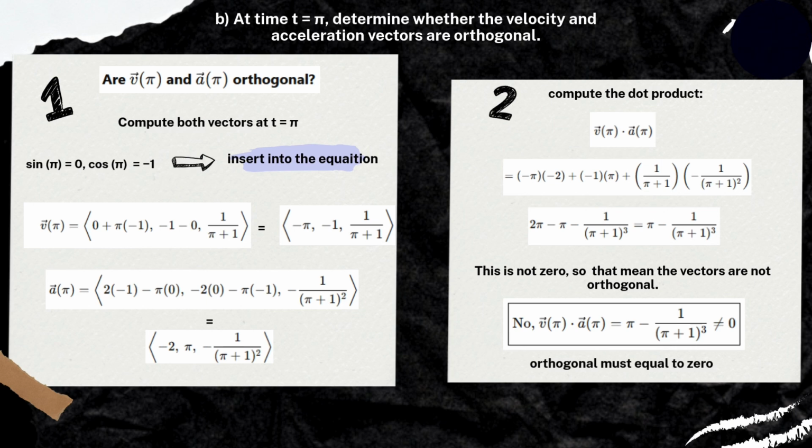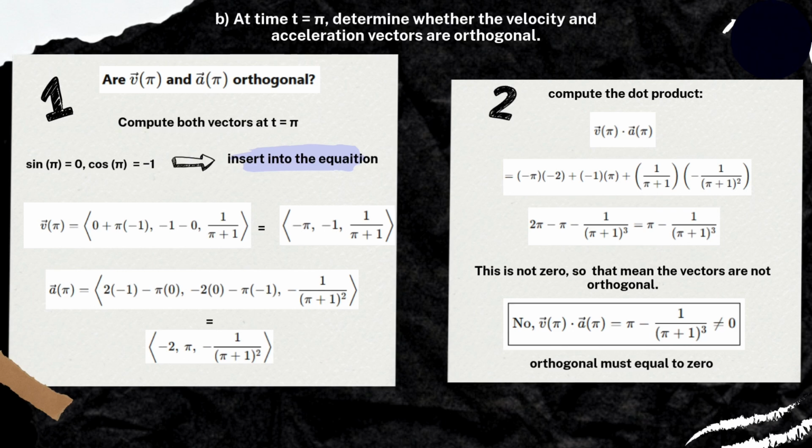We know sin pi equals 0 and cos pi equals -1. For velocity, we get minus pi, minus 1, and 1 over pi plus 1. For acceleration, we get minus 2 pi, 0, and minus 1 over pi plus 1 squared.